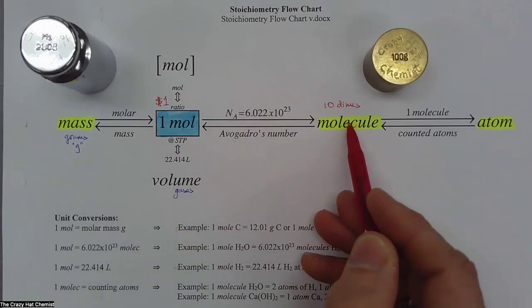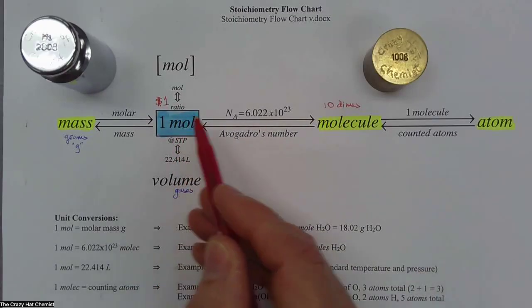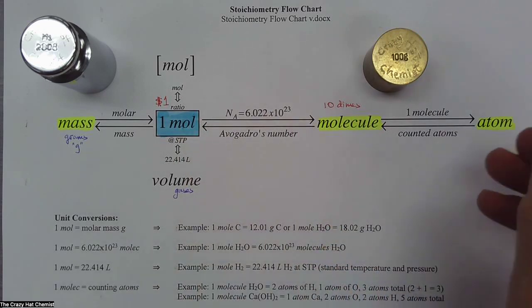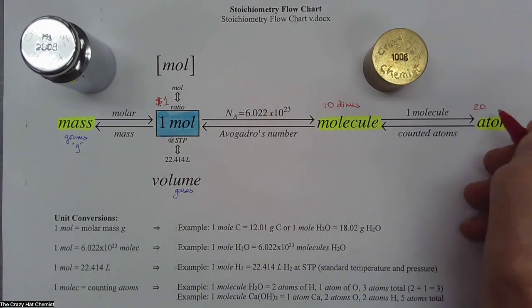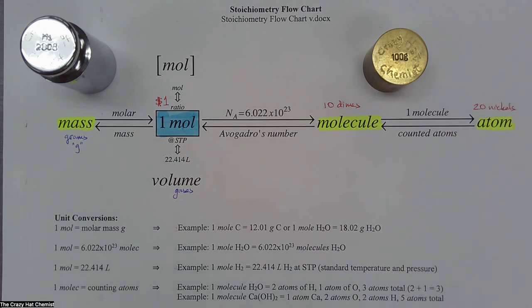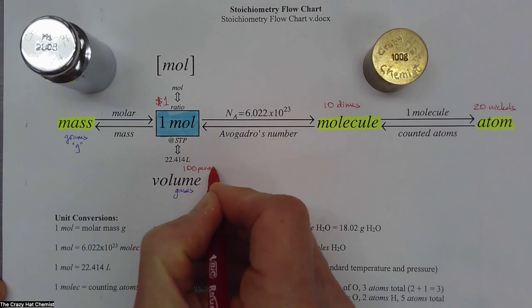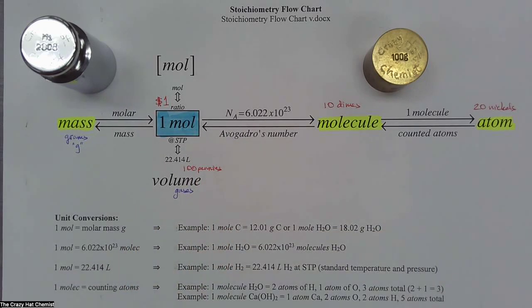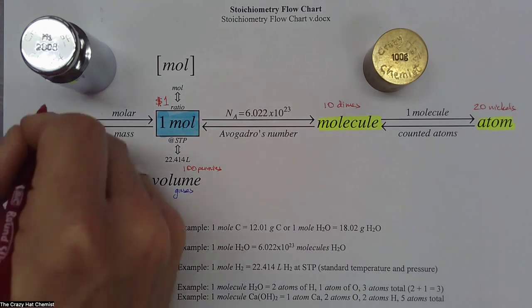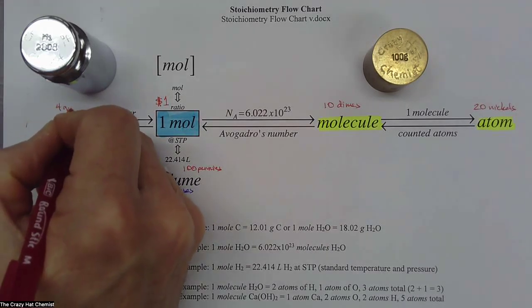This is a unit conversion. $1 and 10 dimes is equal to 20 nickels. Then $1 is also equal to 100 pennies. $1 is equal to 4 quarters.